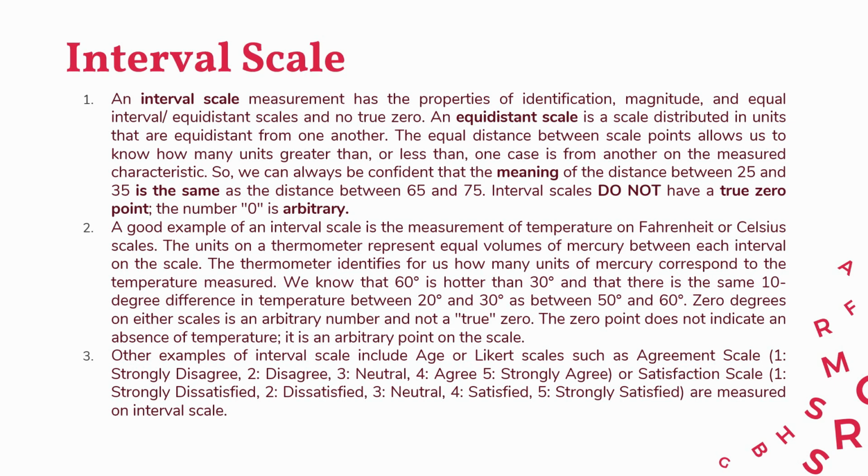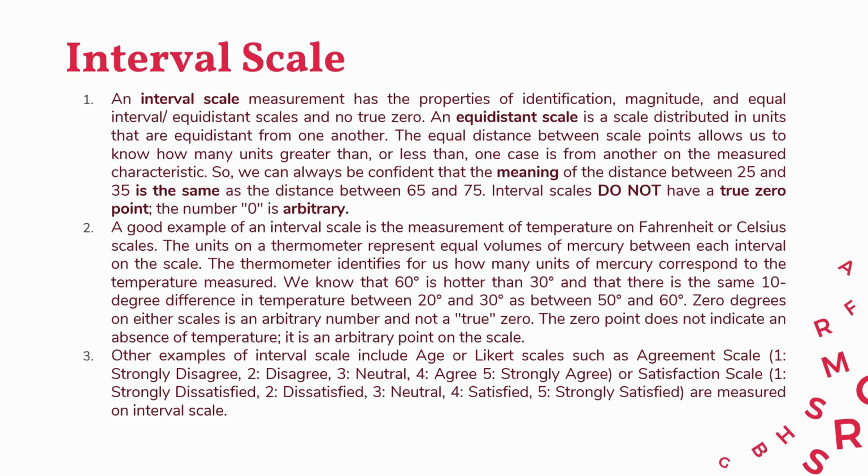Age can hold numbers. Now for example 21, 22, 23, 24, 25, and so on. So the distance between age 21 to 30 is the same as the distance between 31 to 40, isn't it? So this is an equidistant scale.